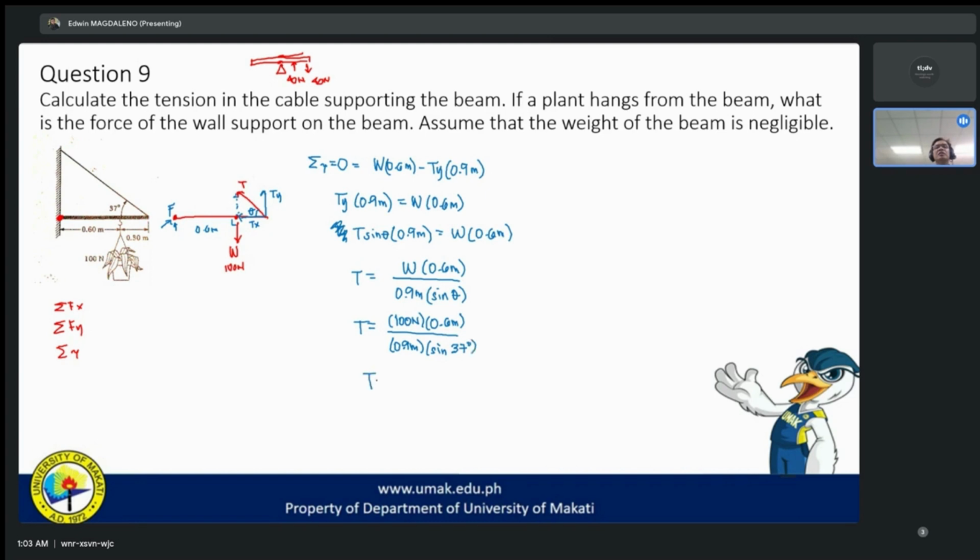So the tension would be approximately 110 newtons. Ang ating tension. I'm sorry kung nagkamali ang unit. So that's 110 newtons. It's question number 9.